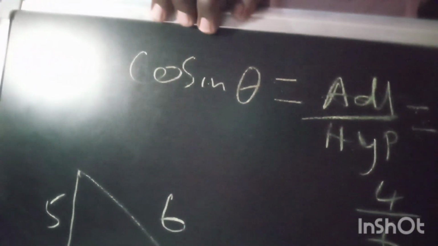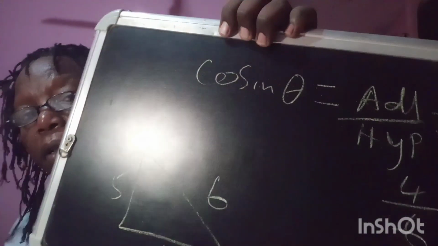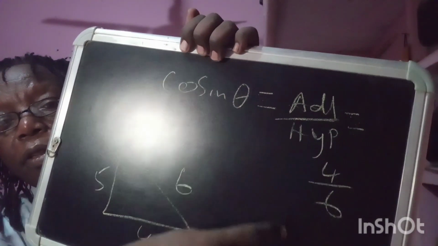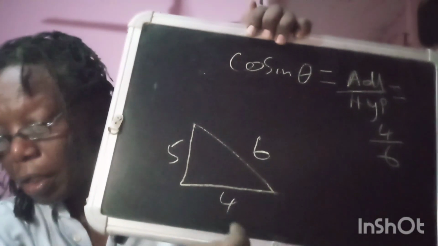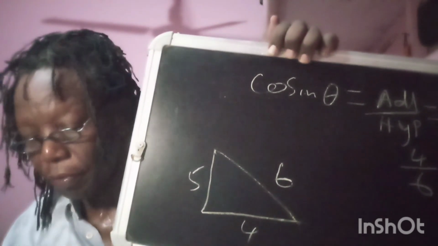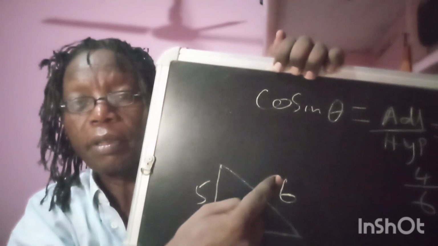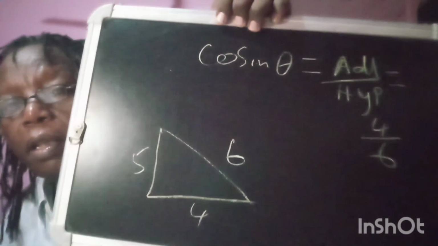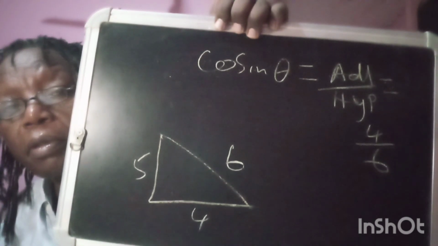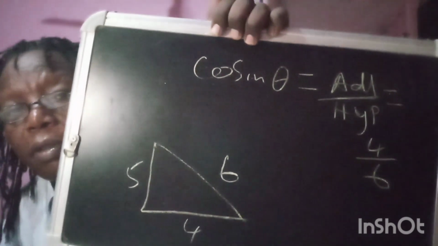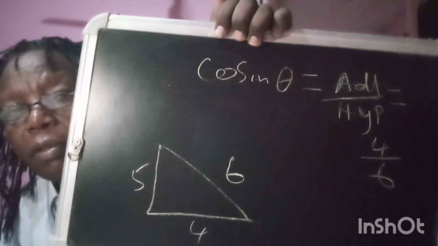So this is going to be adjacent over hypotenuse, which is 4 over 6. That's adjacent over hypotenuse, right? Are we together? I hope I'm not going fast. 4 over 6. Just follow me along.